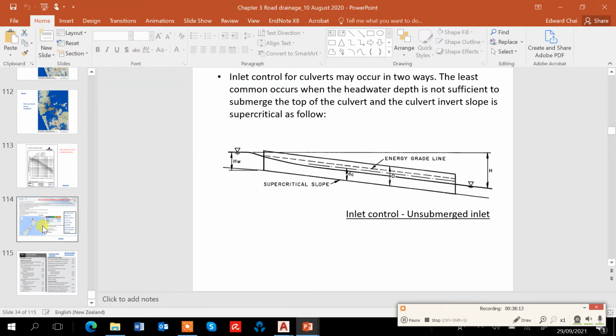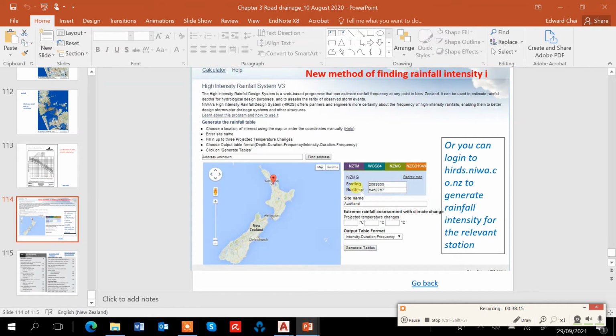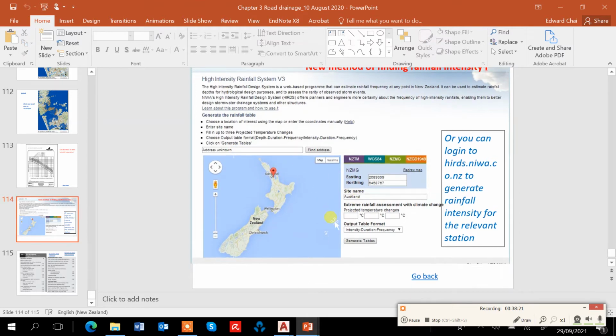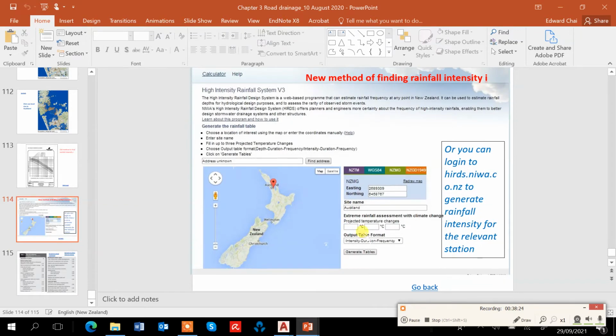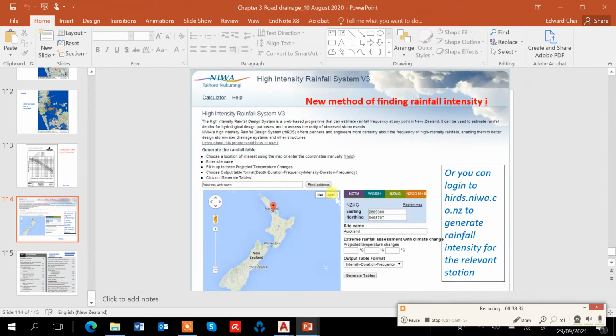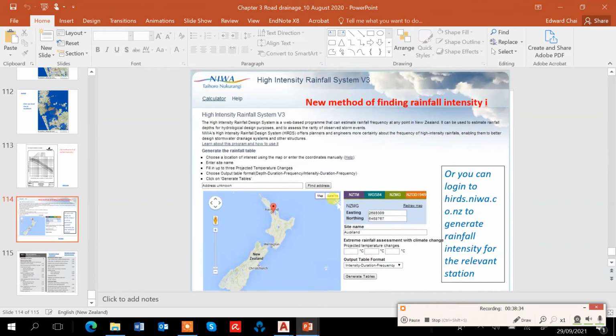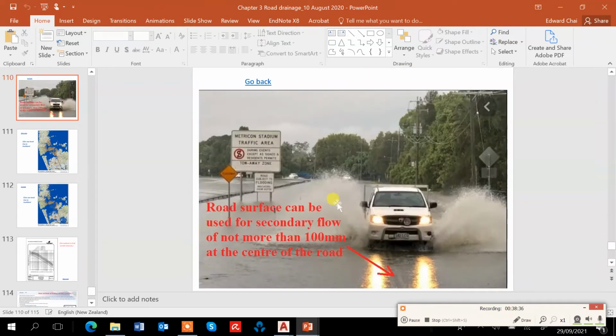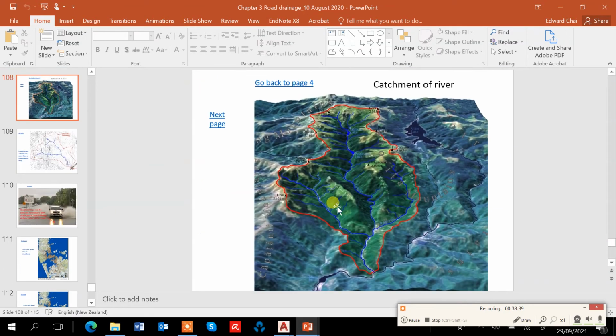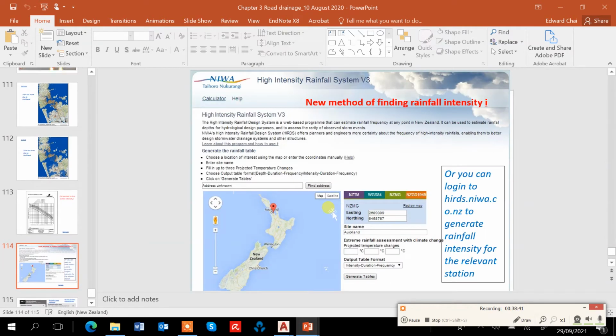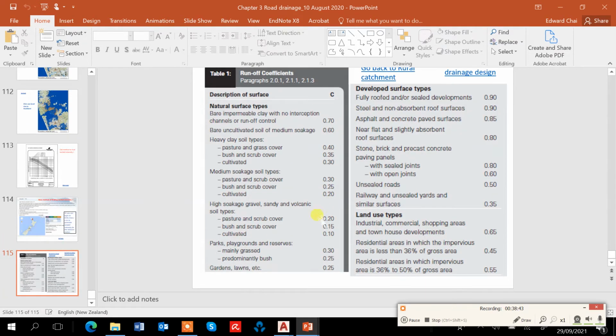Okay, here. For this one you go to the NIWA chart. You can just type in the address, and then you should get the result. I don't have it here, so you can read from the chart.